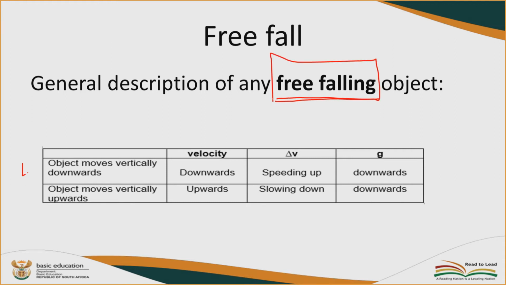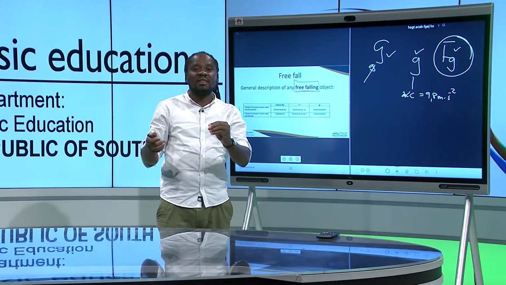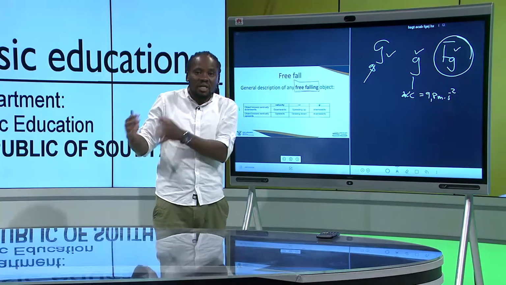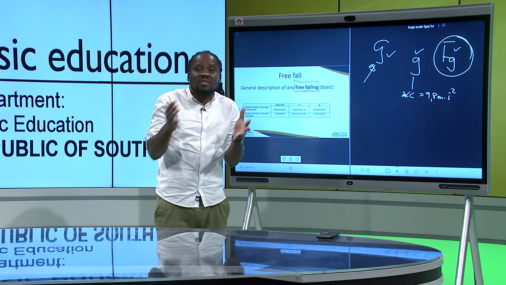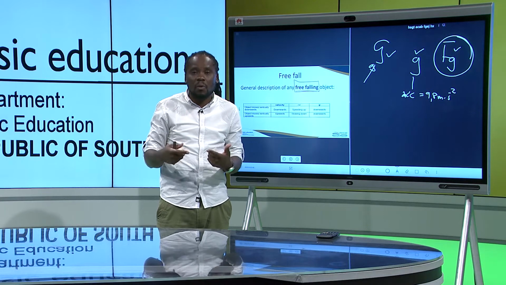So if an object is to move vertically downwards under the influence of gravity only, the velocity will definitely change. So once there is a change in velocity, then the object is accelerating. Because by definition from grade 10, we understand that acceleration is the rate of change of velocity. Once there is a change in velocity over a given time interval, then that object is undergoing acceleration.